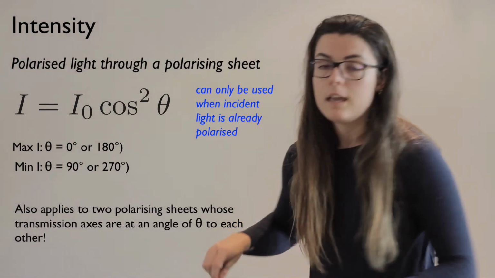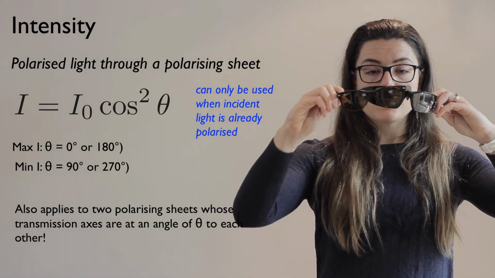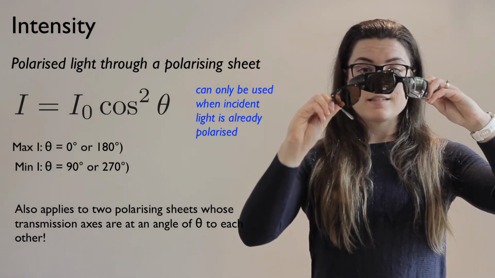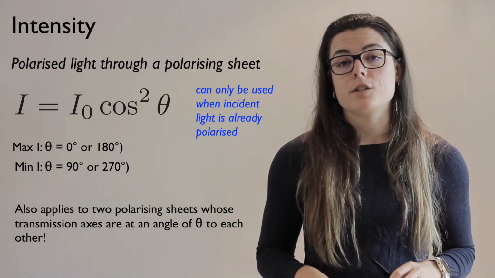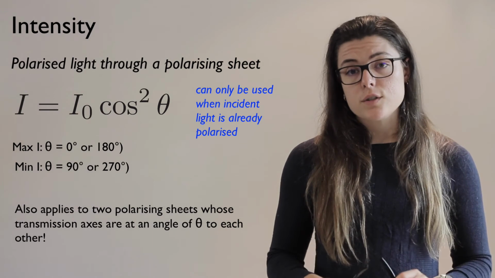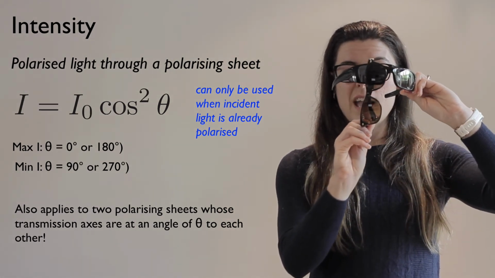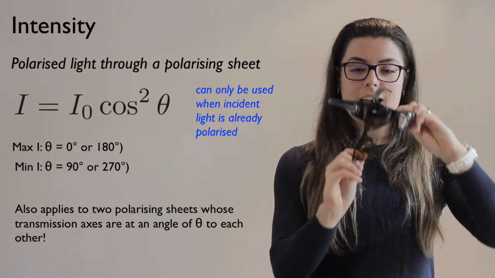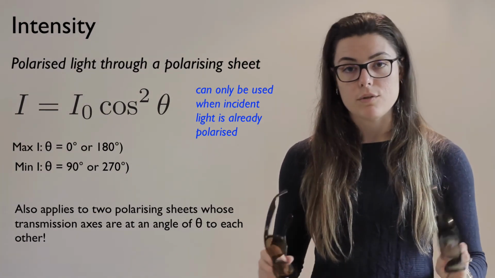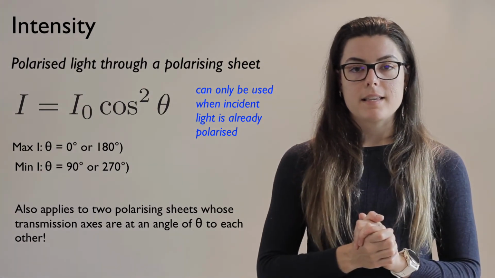Similarly, for our sunglasses example before, if we turn them at 90 degrees to each other and we substitute 90 degrees into our equation, cos squared is going to equal 0. That means the intensity passing through is going to be 0, and as it stands, I can't see anything through these glasses. So the maths and the physics make sense on this one.